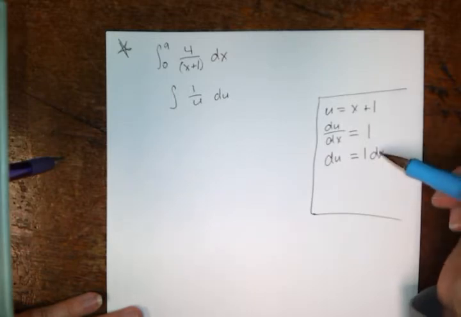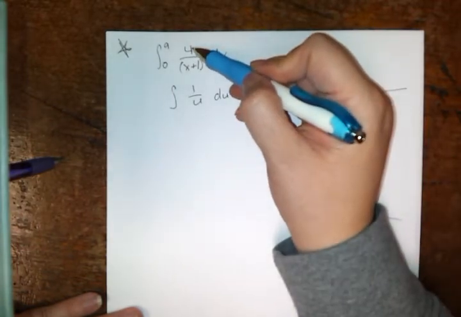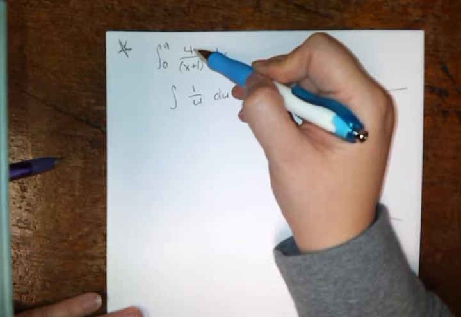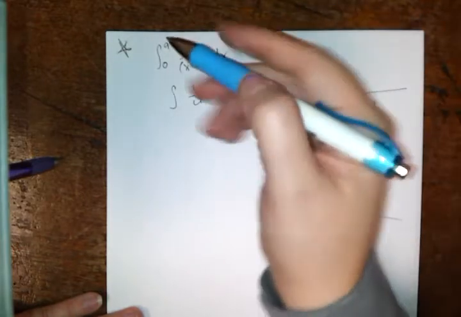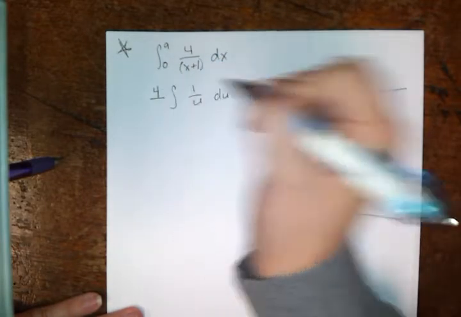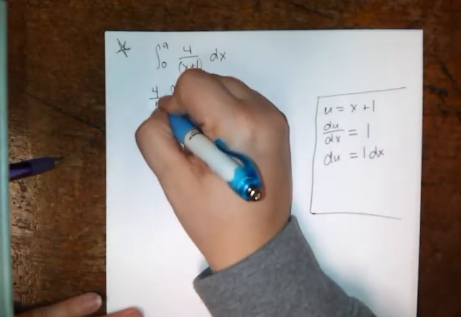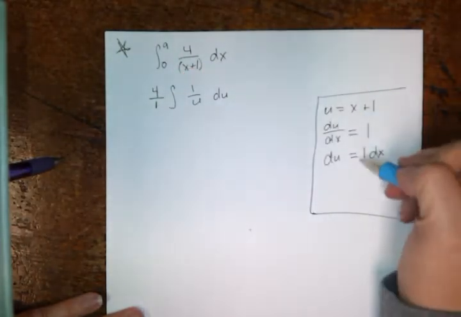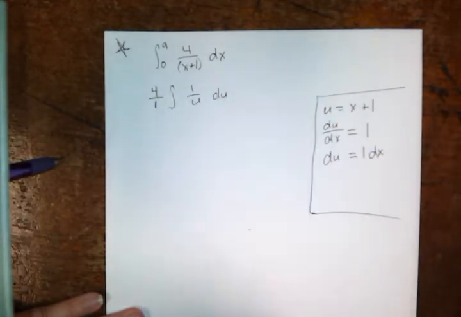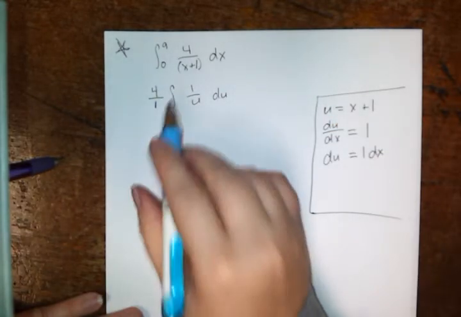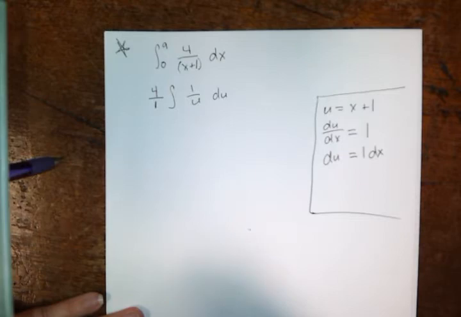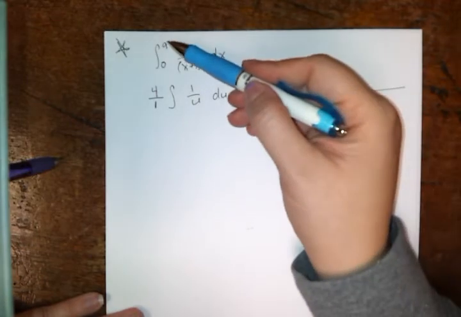That doesn't quite work for us because we've got a 4 up here. We've got something extra up here. And remember, I told you that if you got something extra up here, it goes into the top of a fraction. I guess we kind of have a 1 here, so we need something in the bottom of our fraction. So we've got a 1 in the bottom, a 4 on the top, times this integral that we know how to take, plus we need to plug in our new bounds.